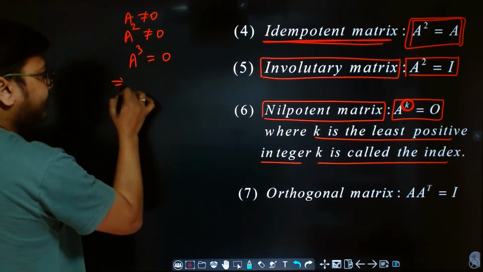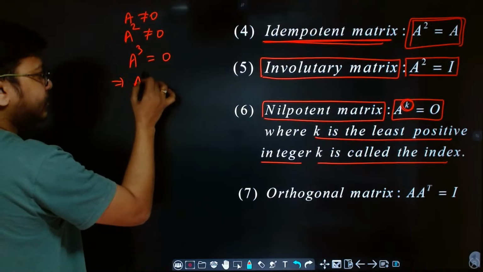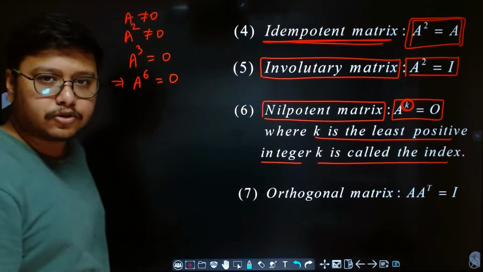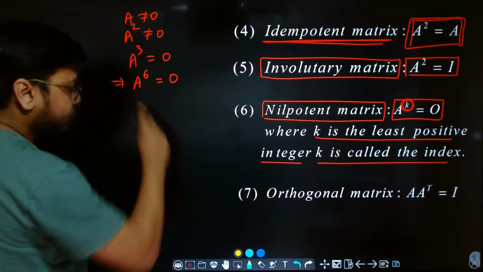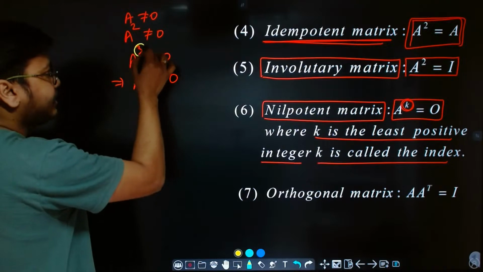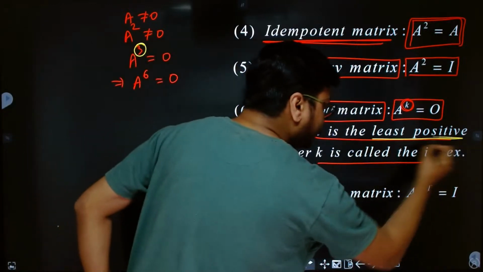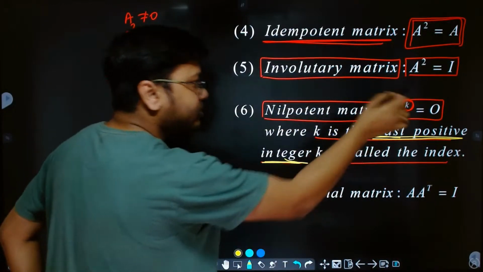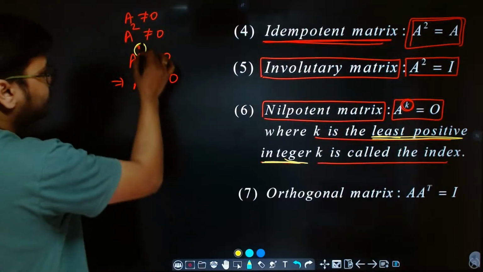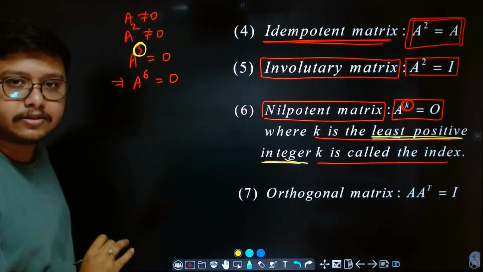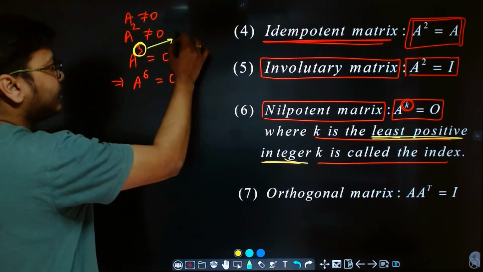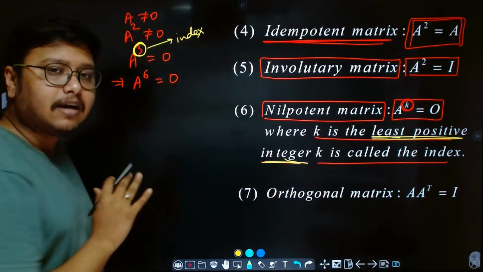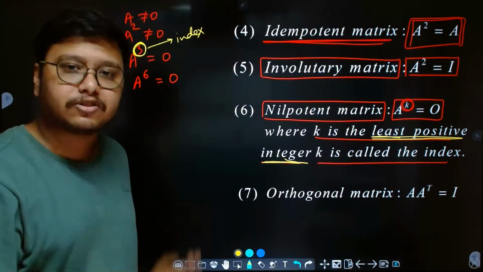Then obviously if I square both sides, A to the power 6 will also be 0, but the index is not 6, the index is 3. It is the least positive integer for which the matrix becomes 0. So 3 is the least value for which it is 0.